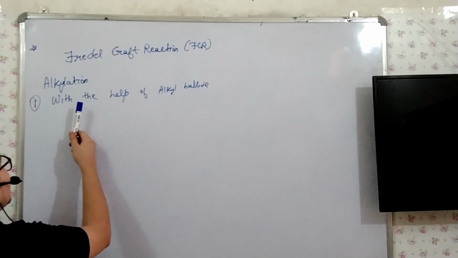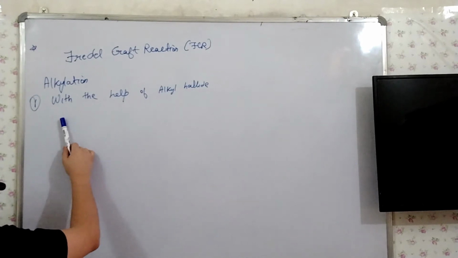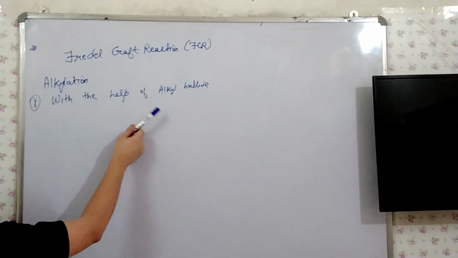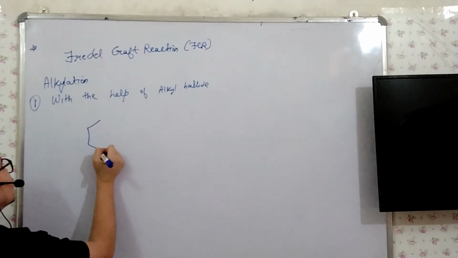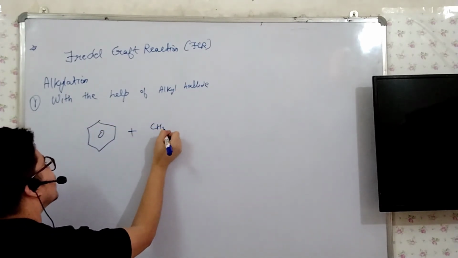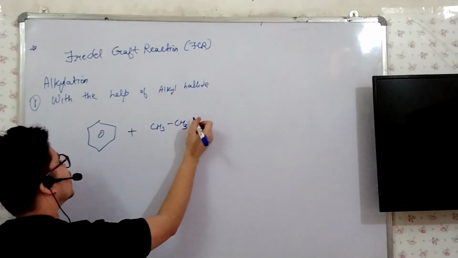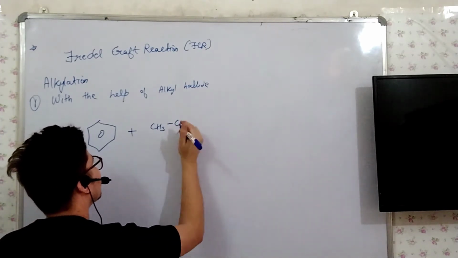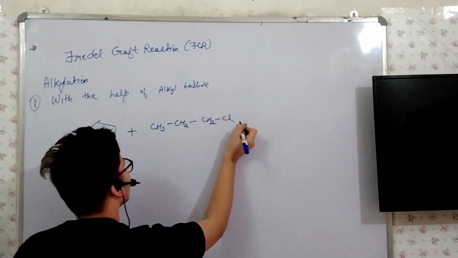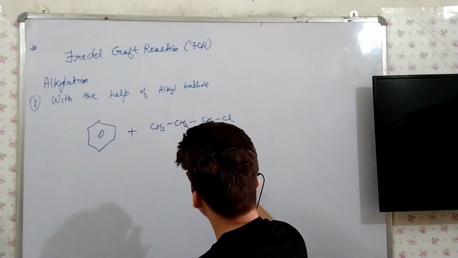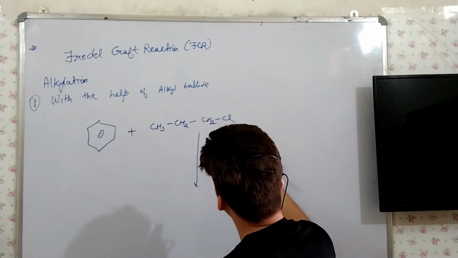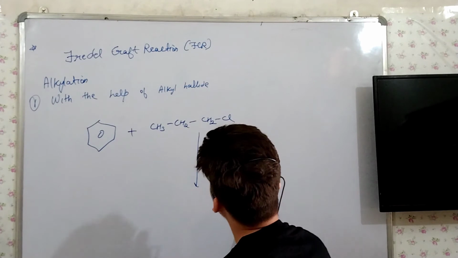First we see alkylation of benzene. We have 3 methods for the alkylation of benzene. First, with the help of alkyl halide. So we have benzene plus we will take propyl chloride, CH3CH2CH2Cl, with anhydrous AlCl3.